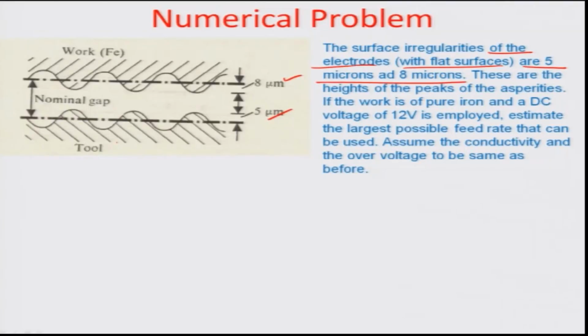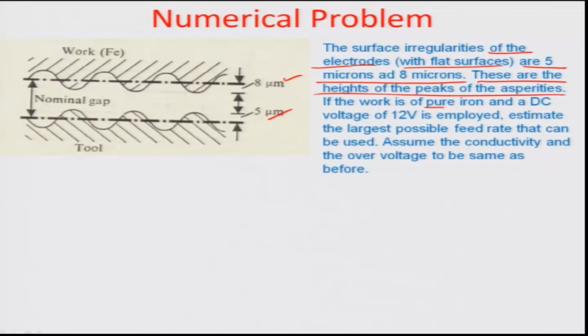Real life situation is not so even, so the surfaces are going to be completely random. In that event the parameter that you would take to determine is really the Z maximum for both the surfaces. These are the heights of the peaks of asperities.